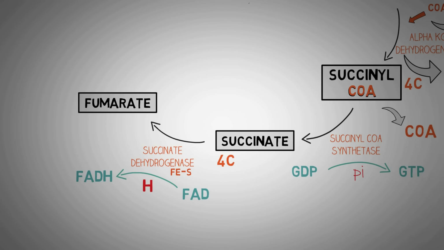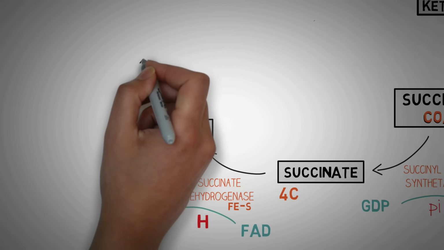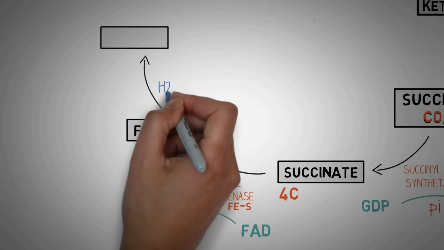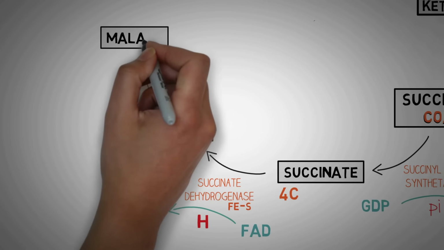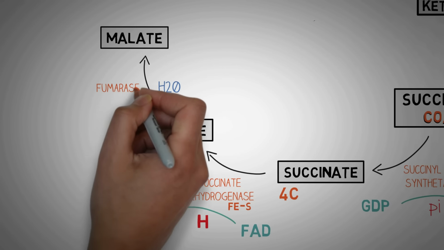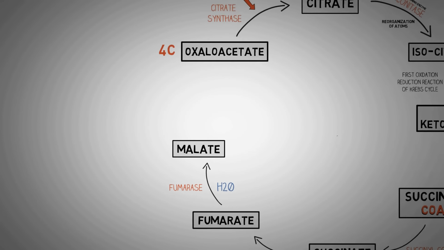This enzyme is also very important as succinate dehydrogenase is directly associated with the electron transport chain. The next step in the Krebs cycle is a hydration reaction, which means we add a molecule of water to fumarate and convert it into malate. This reaction is catalyzed by the enzyme fumarase. Nothing special in this reaction, so let's move on to the next one.